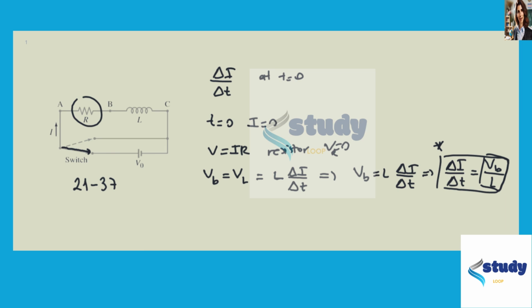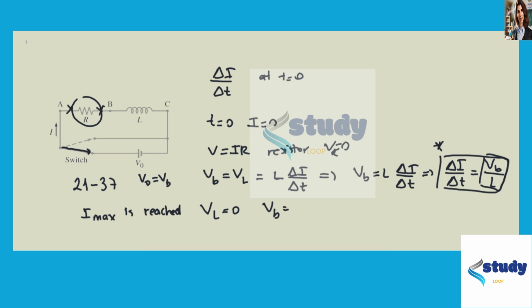Now, what happens when I max is reached? That's going to happen when the potential across the inductor is 0 and the entire battery's potential, in the figure it's V naught, but I use VB, let me just put here that they're the same thing, is observed across the resistor.